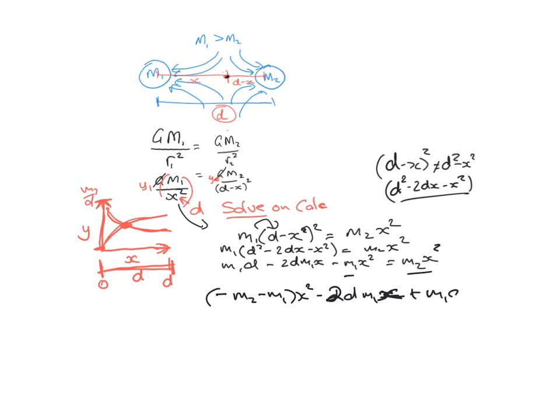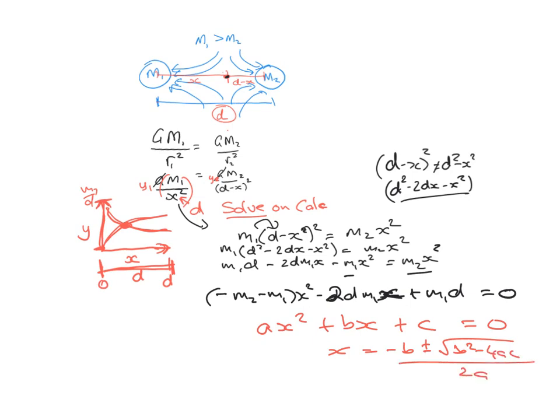You're given the mass one and the distance d, so this is just a number, and these two are just numbers, and so you end up with ax squared plus bx plus c, which is the quadratic form, and therefore you can use the quadratic formula as you would remember.